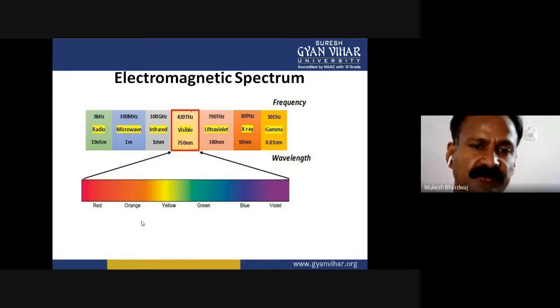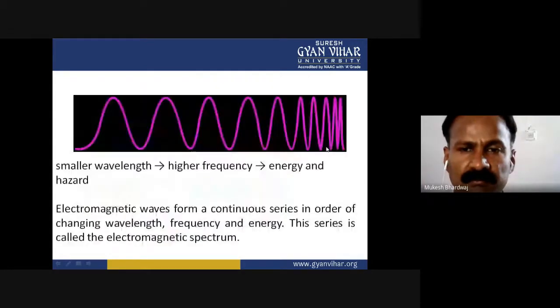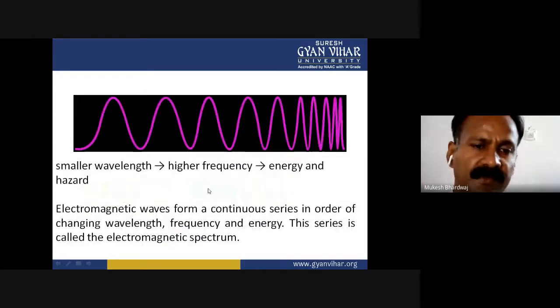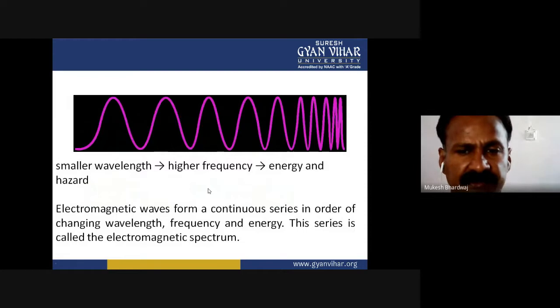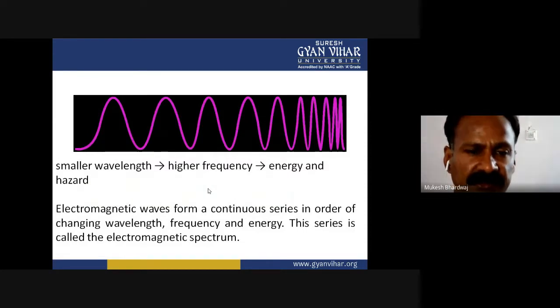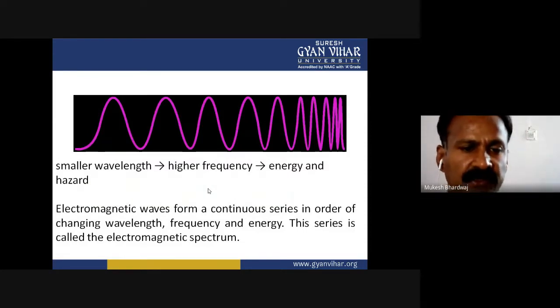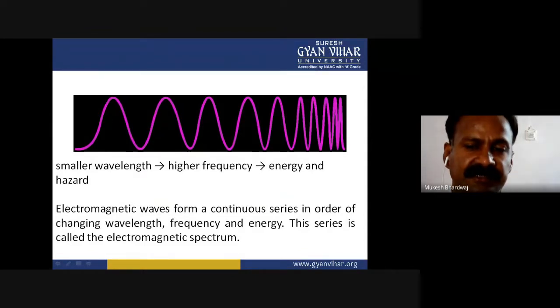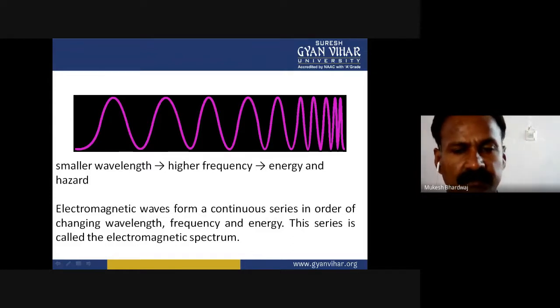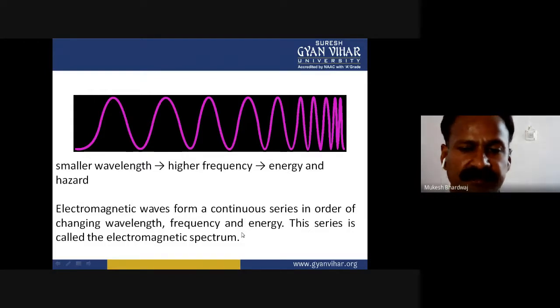So this is the electromagnetic spectrum. Smaller wavelength means higher frequency, energy, and hazards. Electromagnetic waves form a continuous series in order of changing wavelength, frequency, and energy. This series is called the electromagnetic spectrum.